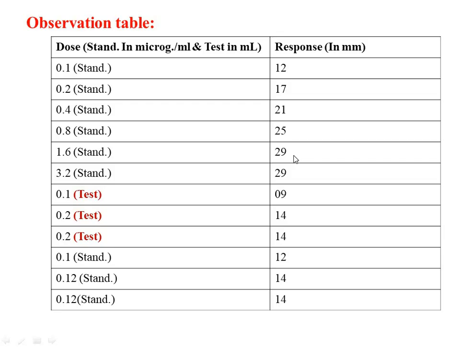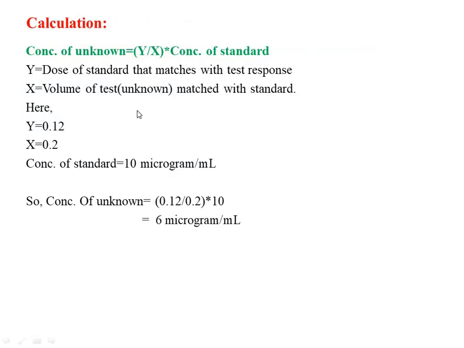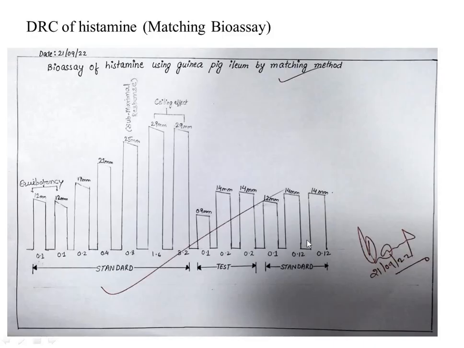So these are the data, and through the data, these are the same response sites through which I prepared this dose response curve. So we have a formula for calculating the unknown: concentration of unknown is equal to y by x into concentration of standard, where y is the dose of standard that matches with the test response. So dose of standard that matches with the test response is 0.12, and for test, 0.2.